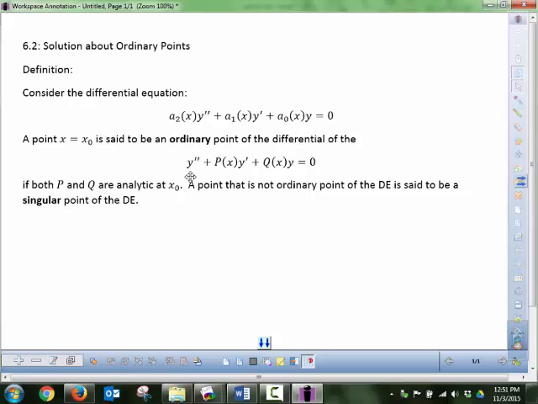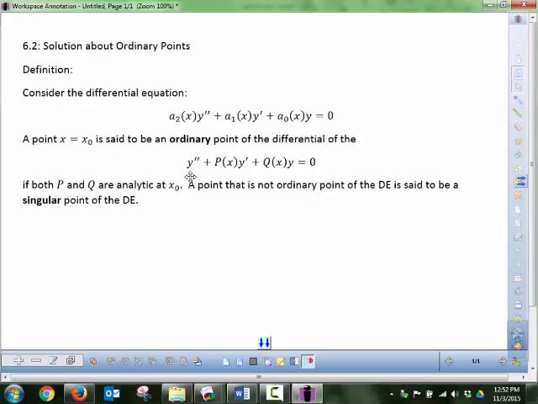It's a point that doesn't have a zero in the denominator that explodes or anything like that. Those types of points where you have zeros in the denominators are called singular, and that's a special thing that we're going to have to study in the next section. But for now, let's talk about ordinary points.